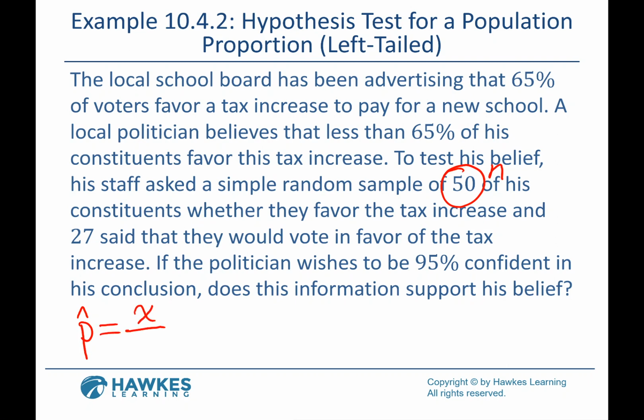So X is just the number of data values we're counting that has whatever characteristic we're counting. N's our sample size, which will be 50 here. This one, we want to count the people that favor the tax increase. So how many of those do we have? We have 27. So P hat will be 27 over 50.